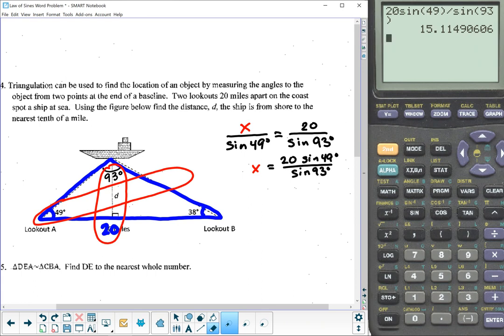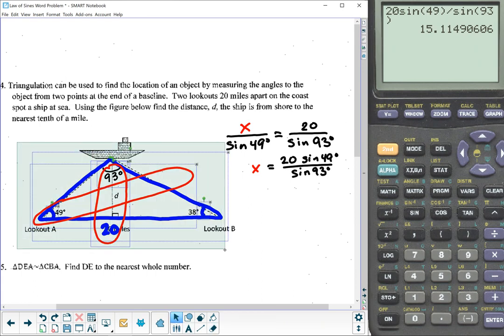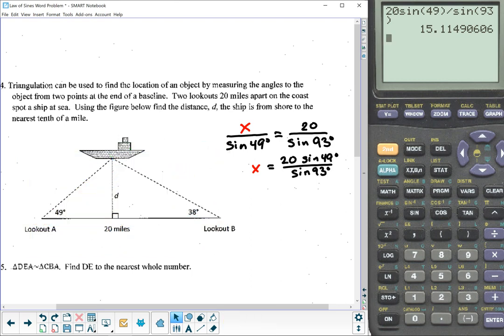And because I'm not quite done, I'm going to use all of these numbers. Okay, so all of that work, that side is 15.11490606. Okay, that whole side.